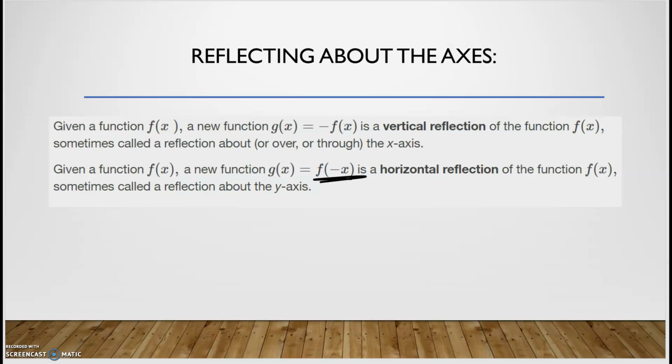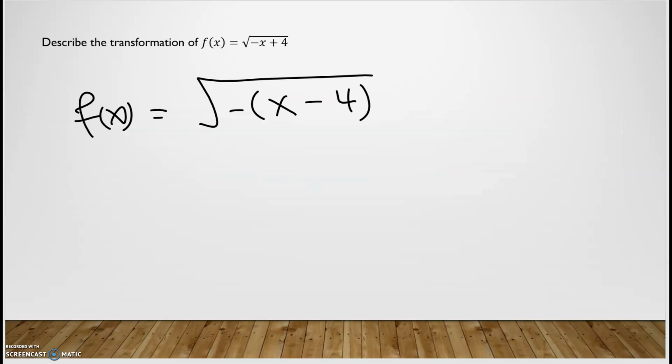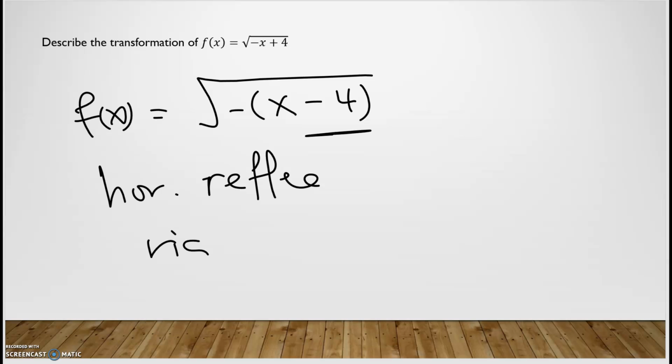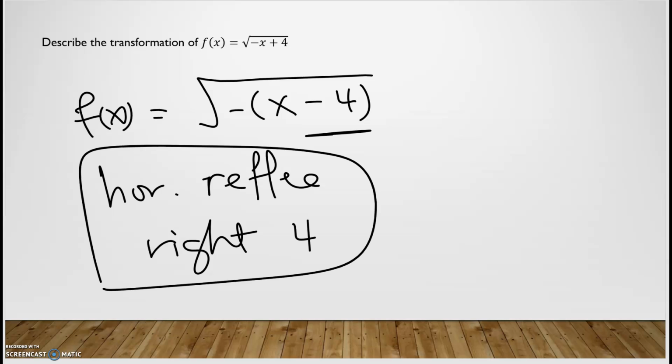So we got a horizontal reflection, or you can say about the y-axis, either one. And also notice we have a negative 4, so we have shifted to the right by 4 units.